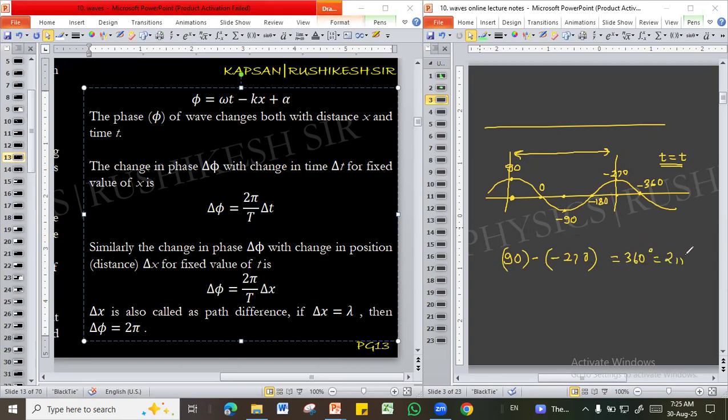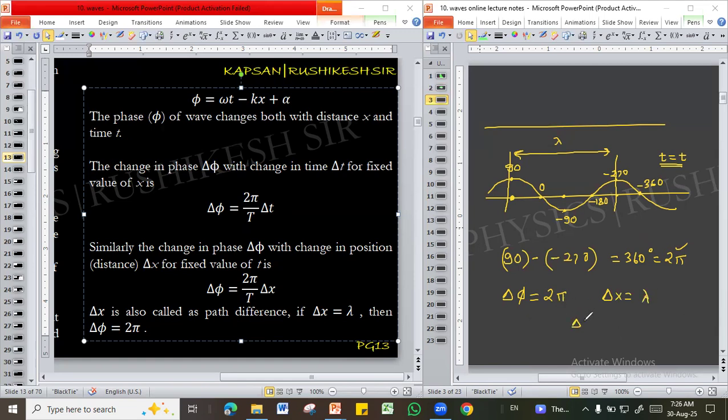Let us write it as 2 pi. Means after traveling a distance equal to wavelength, lambda, the phase changes by amount equal to 2 pi. So phase changes by amount equal to 2 pi if the distance traveled is equal to wavelength.